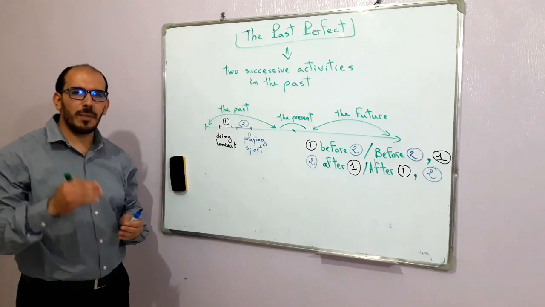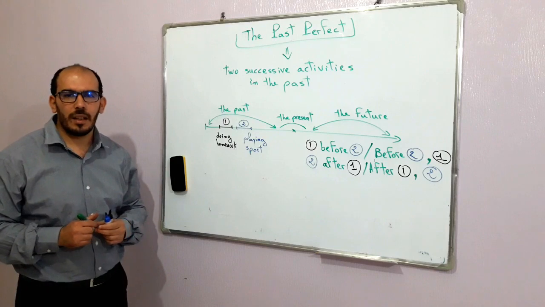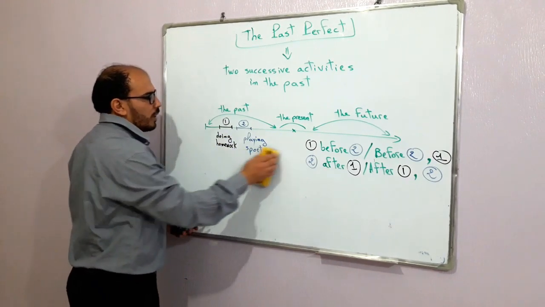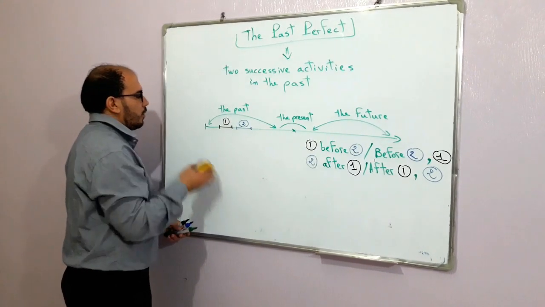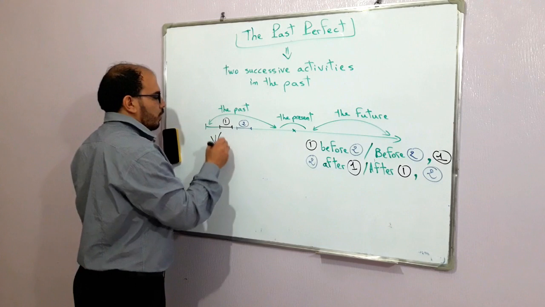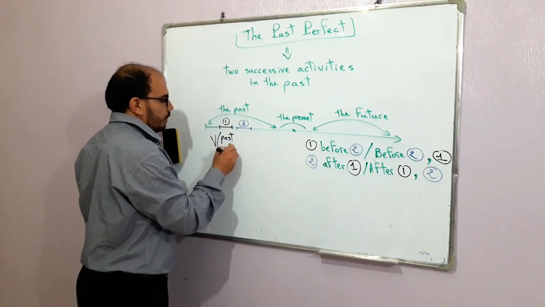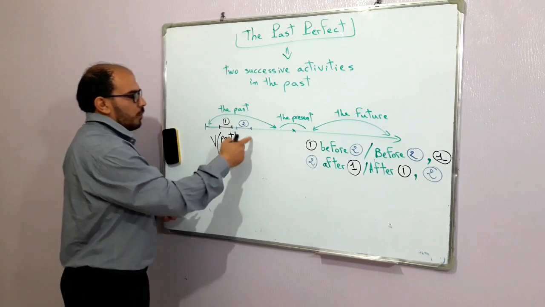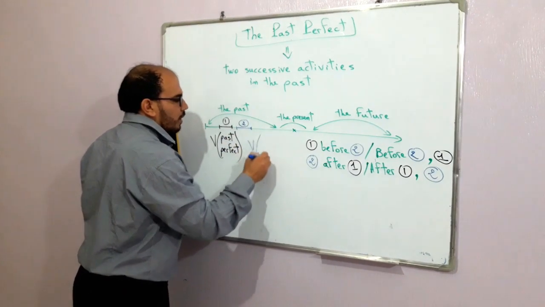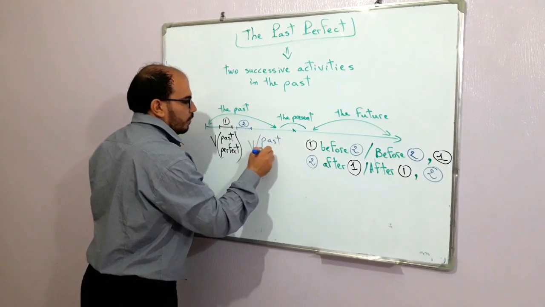When I say successive, it means there is order. We have activity number one and then activity number two. Activity number one is all the time written in the past perfect, so the verb is all the time written in past perfect. But when we speak about activity number two, the verb is all the time written in past simple.